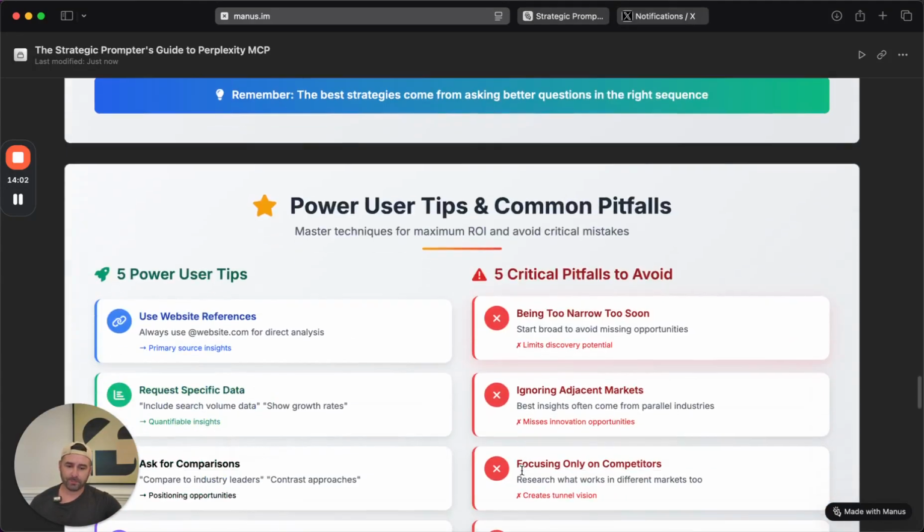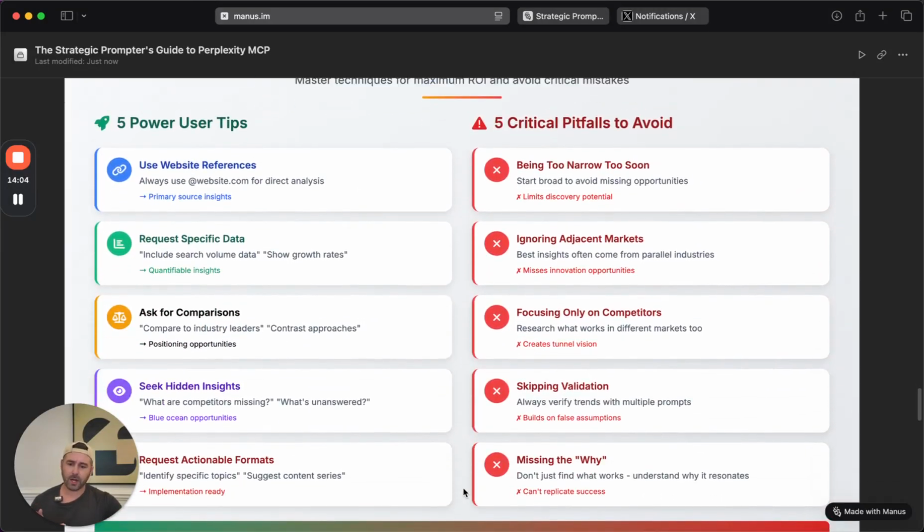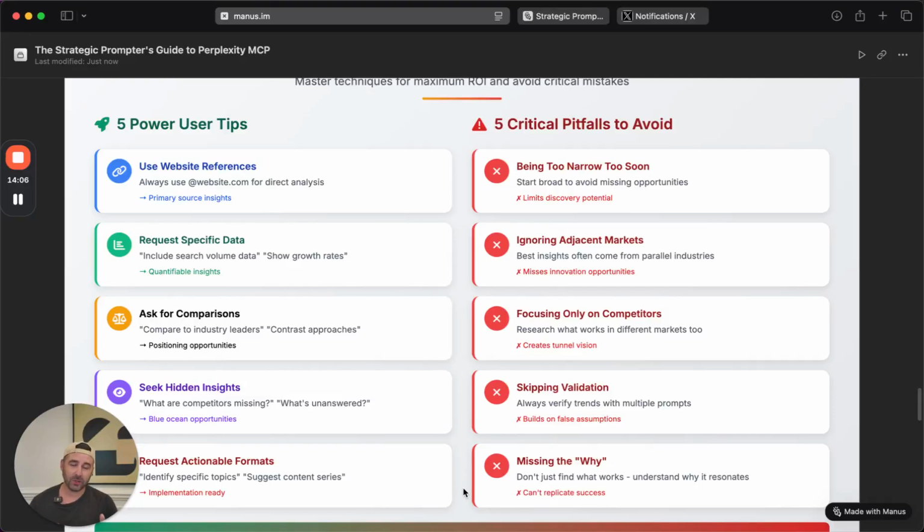So at this point, I'm sure you're really wondering what the output looks like. I'll get there in a second, but here's a few tips that you can implement today when you're doing market research. Use website references. So when you're using the MCP, tell it exactly what website you want it to learn about and visit. Request specific data. So include search volume data and growth rates.